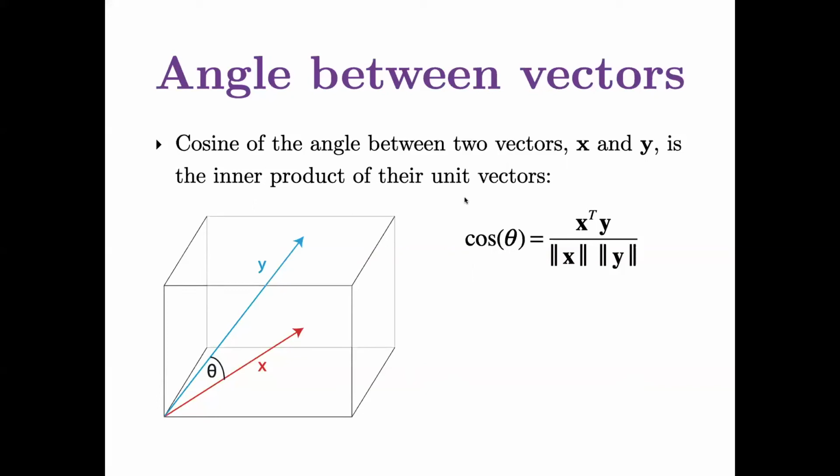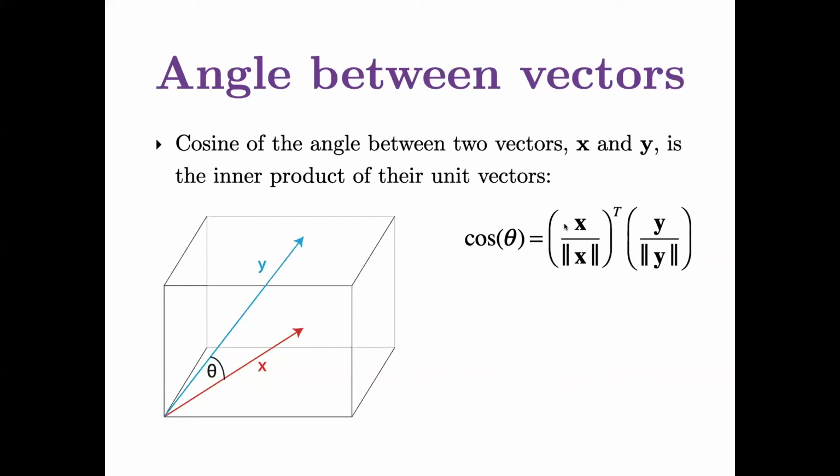But keep in mind that the norm of x and the norm of y, that's their length, that's just a constant. It's just a number. And so because it's a constant, we don't have to really worry about where we put it in this equation. And so this equation is equivalent to writing the expression shown here.